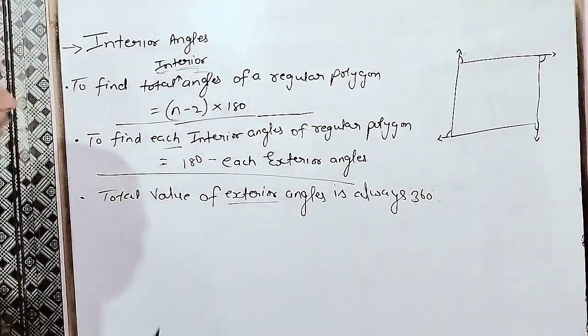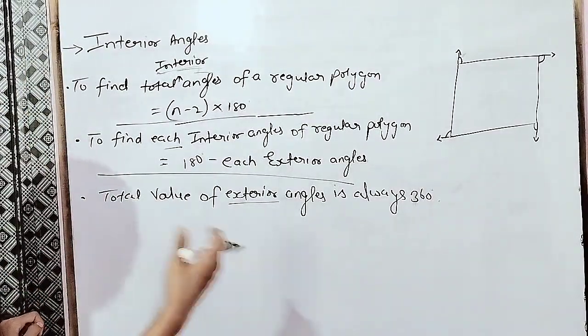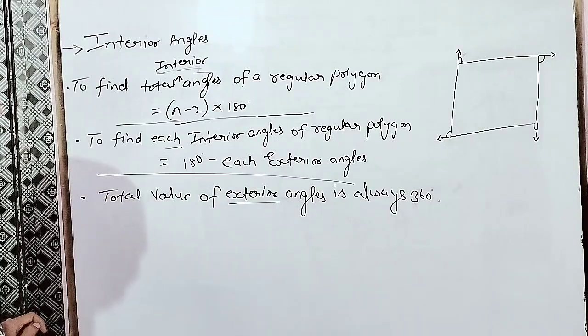There is a huge difference between interior and exterior angles. So already we know the total value of exterior angles of a polygon.